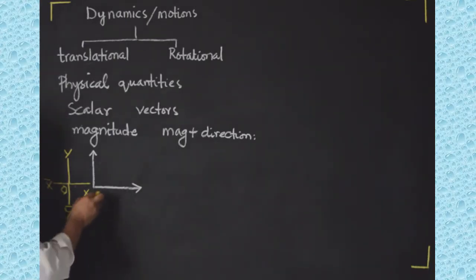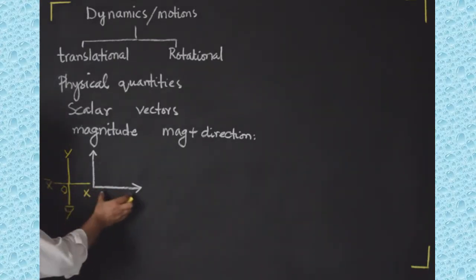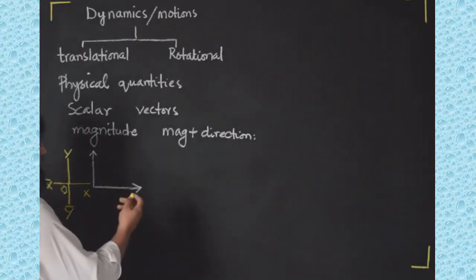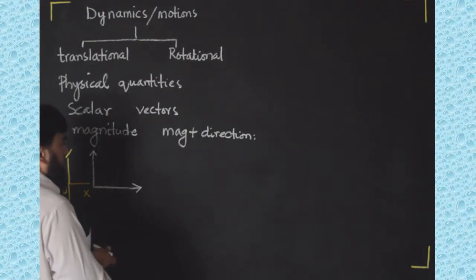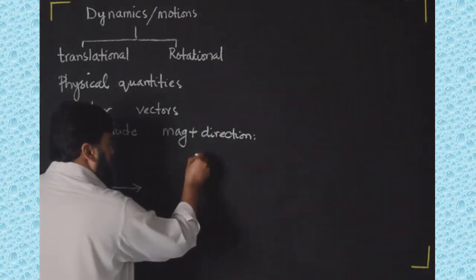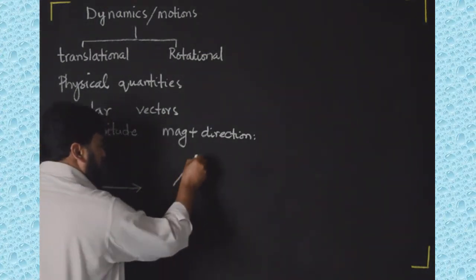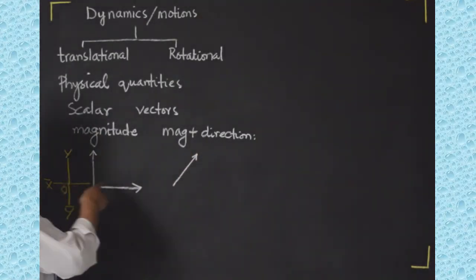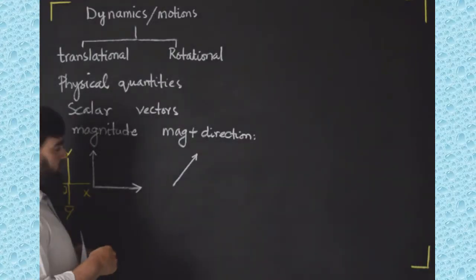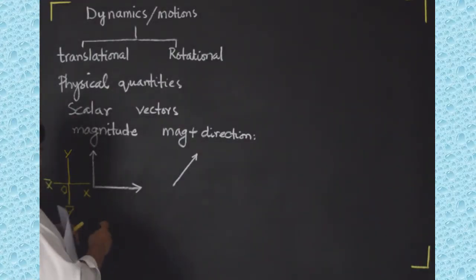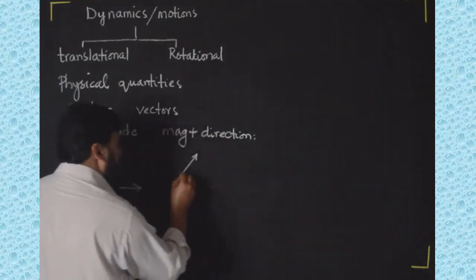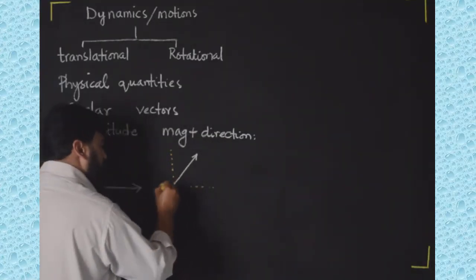Once we have the coordinate system, then we can write our vector according to that system. So for example, we have a vector, and according to this coordinate system, let me write the coordinate system for it.